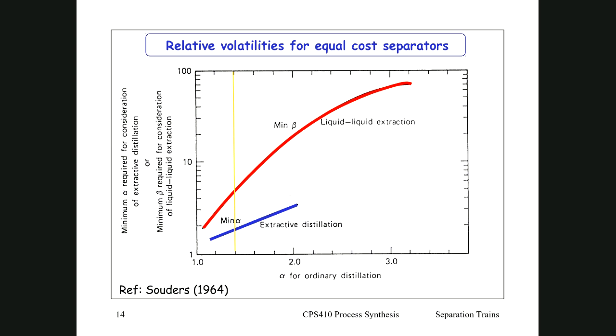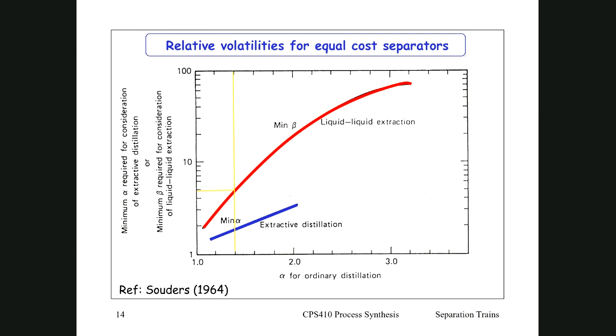And for that, we would need to go across here, and it would need to be 4.9 to make it an equal cost separation. So if we've got a beta of 10, of course it would make financial sense to use liquid extraction if it's 10 instead of 1.4 for ordinary distillation.